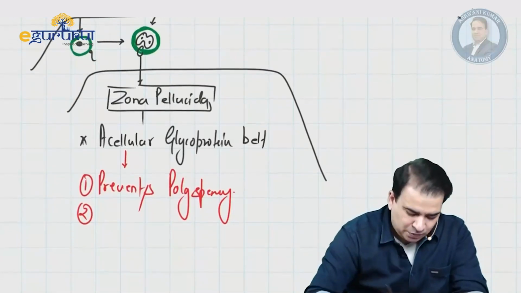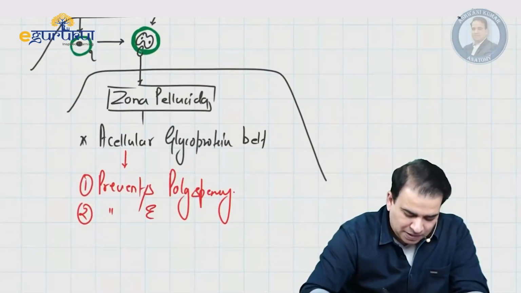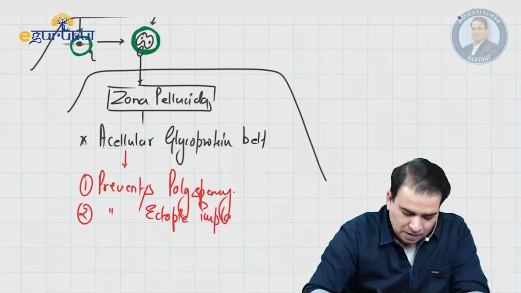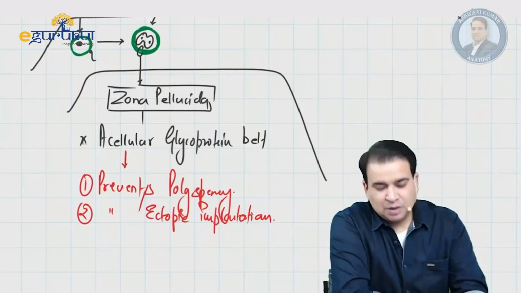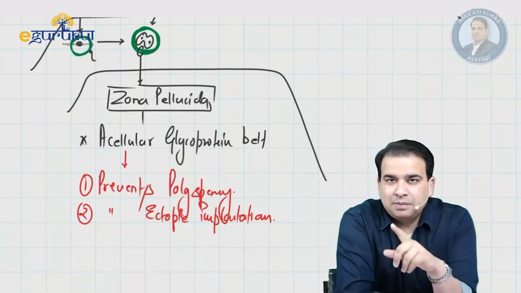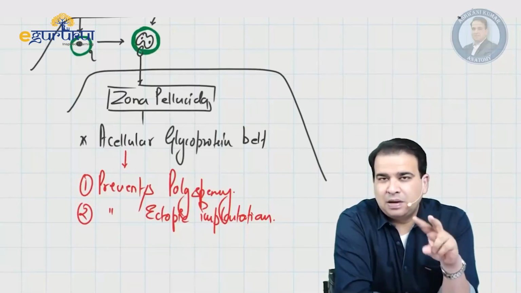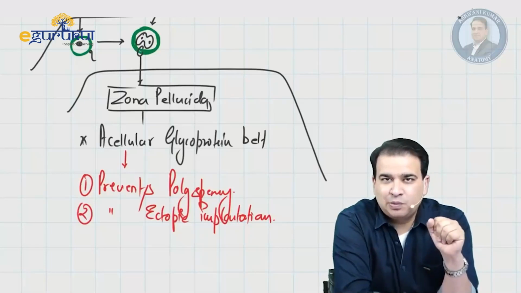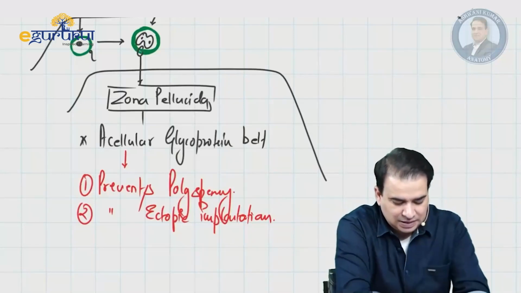So it also prevents ectopic implantation. So that's what the zona pellucida is doing: preventing polyspermy, number one, and preventing ectopic implantation, the two main functions of this glycoprotein belt around the conceptus.